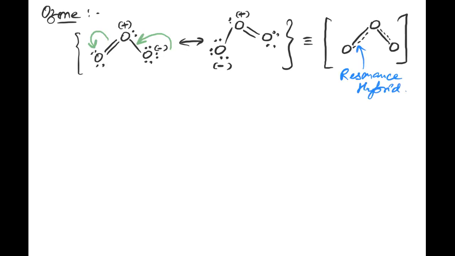Resonance hybrid structure of ozone. In the case of ozone, no bond is exactly a single bond and no bond is exactly a double bond. It lies somewhere between a single bond and a double bond. So ozone can show properties of both resonating structures, oxygen-oxygen single bond as well as oxygen-oxygen double bond.